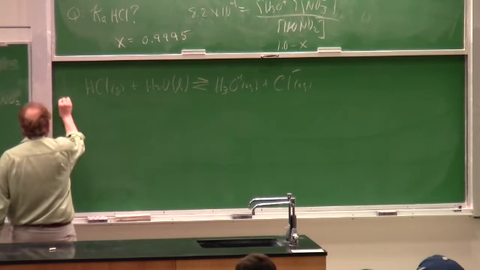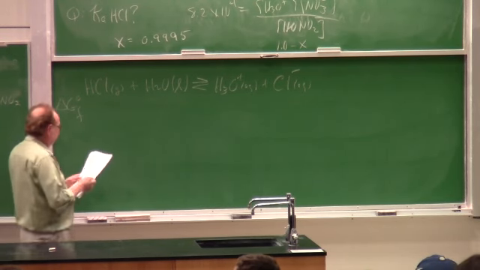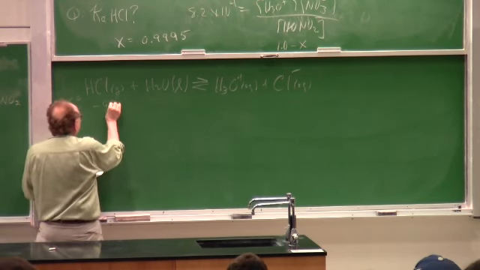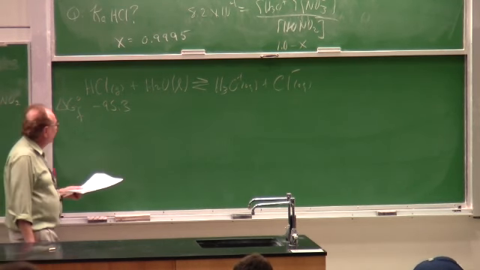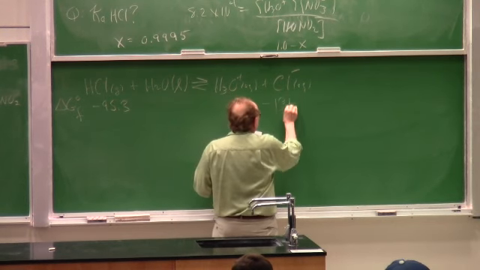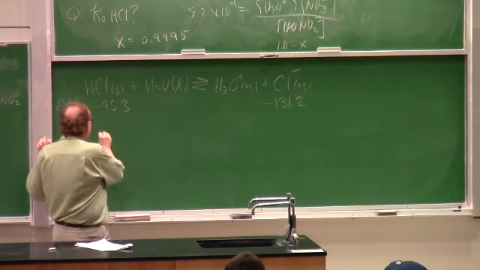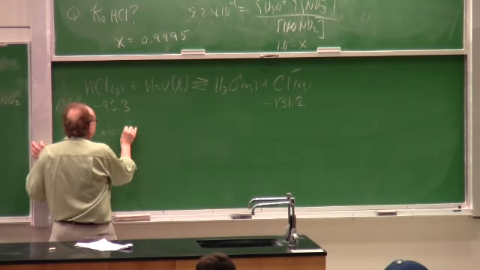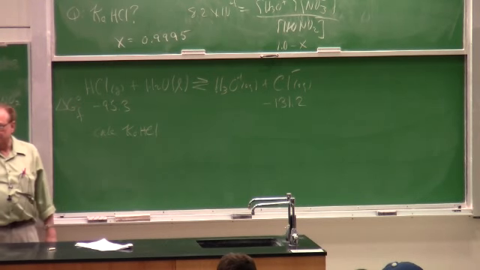You'll get Table 1 information. So let's extract delta G sub F super 0 for HCl gas, which is minus 95.3. And the other part of the puzzle is this. All right? So with this, calculate Ka for HCl. Just like we did there.